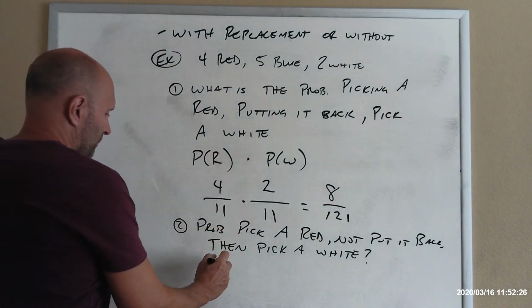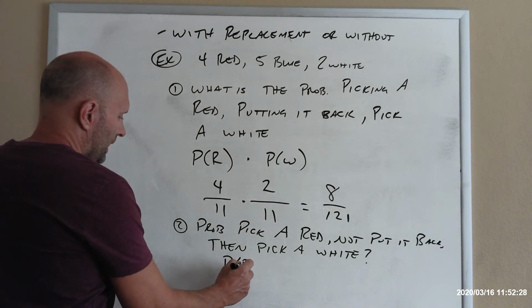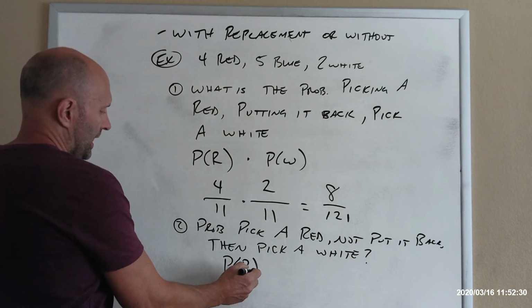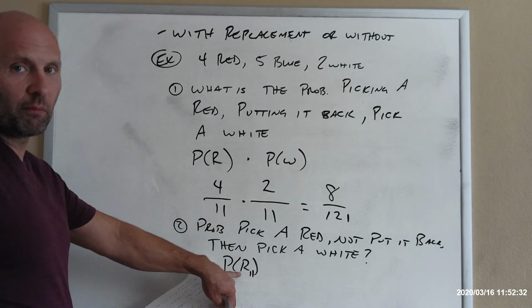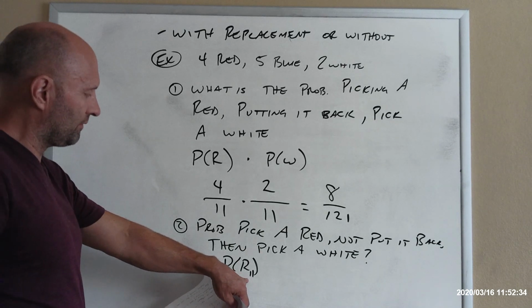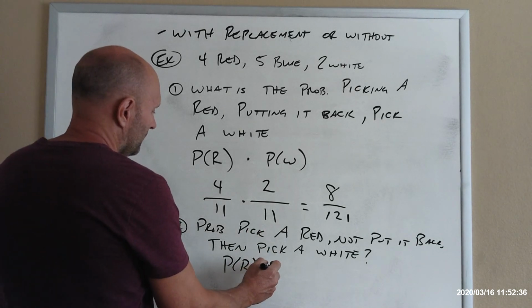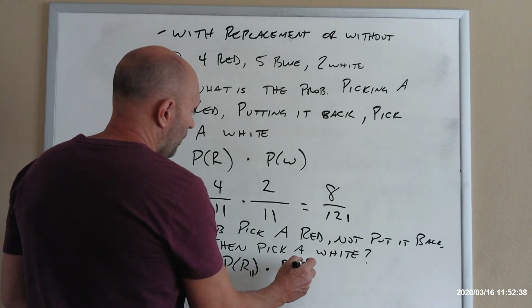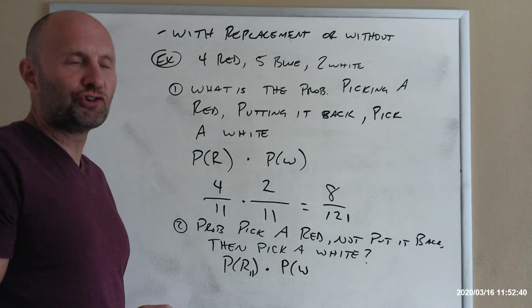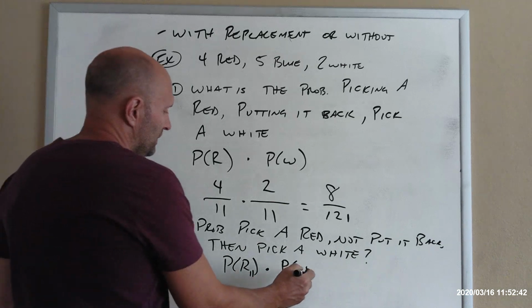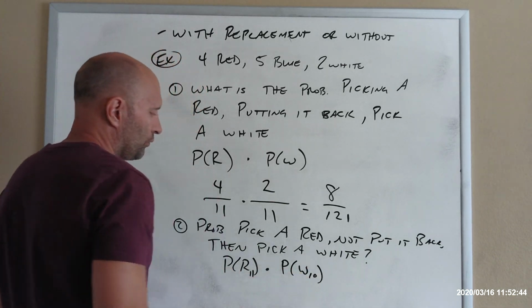So it's the probability that I picked a red with a full jar which had 11 marbles in it, times the probability that I pick a white. And how many marbles are in the jar now? Well, only 10, because I pulled out a red one already.